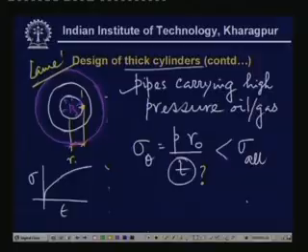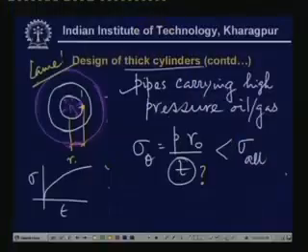Bernoulli's equation is valid for an open cylinder, and here the design criterion is that the circumferential strain, which is of course larger than the radial strain, reaches an upper limit, and with this expression we calculate the thickness. Clapeyron's equation uses the same principle, but it is applied to a cylinder which is closed ended.